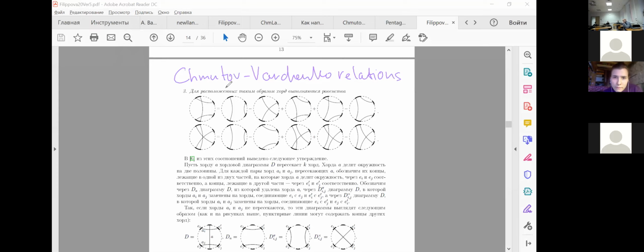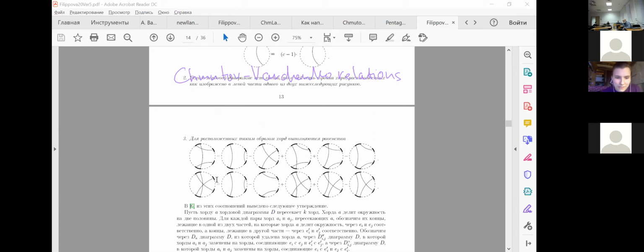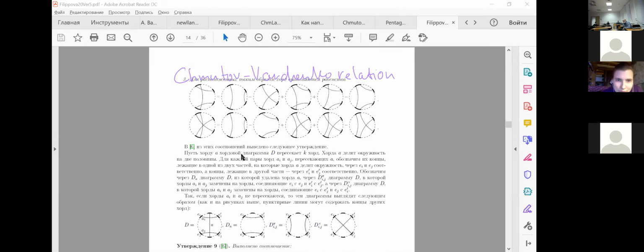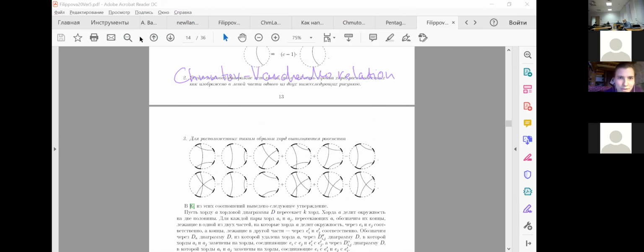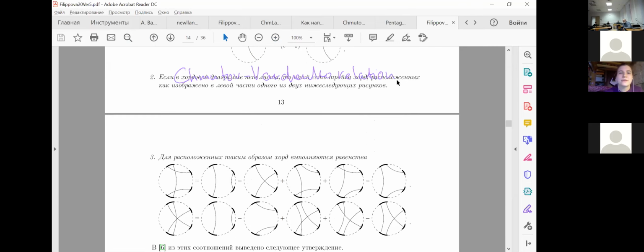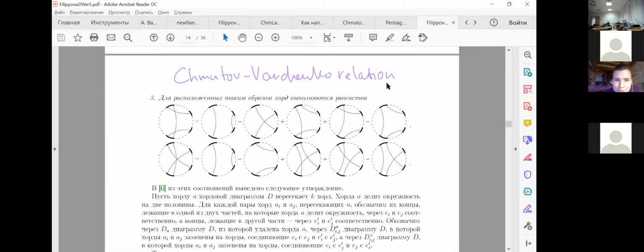Wait. I want to do it inside the Acrobat Reader, but there are some problems. It's better. Yeah, that one. Great. Thank you. Sorry.